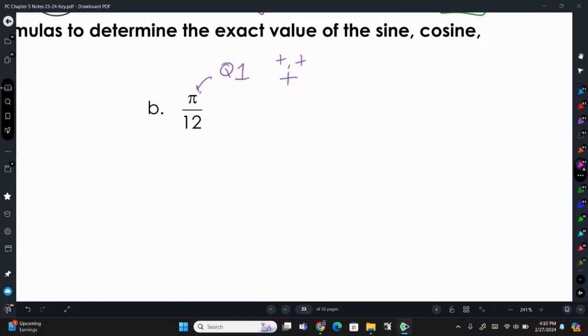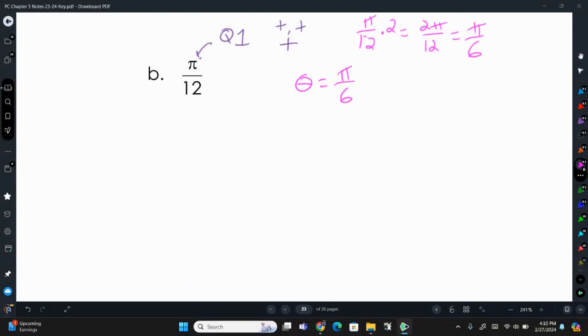So our theta, if we have pi over 12 times 2, that's 2 pi over 12, or pi over 6. So our theta in these problems is going to be pi over 6, because pi over 6 divided by 2 is equal to pi over 12.